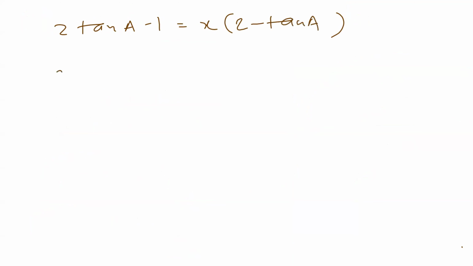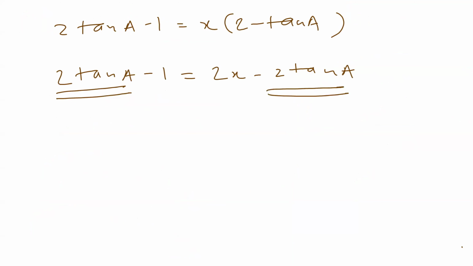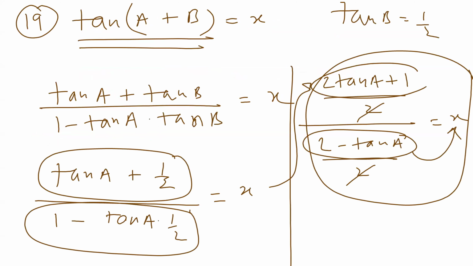So 2 tan A plus 1 equals 2X minus X tan A, right? Now we need to find out the value of tan A. So I'm taking all tan terms together. 2 tan A plus, just a second, I need to check whether I've copied correctly. This is plus, sorry, I've written minus.